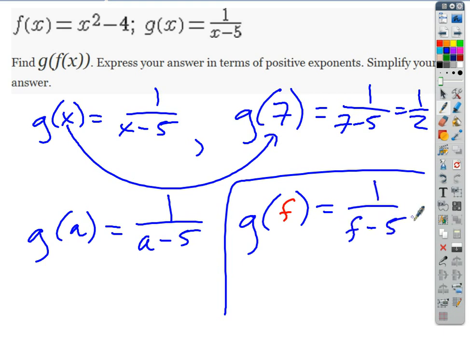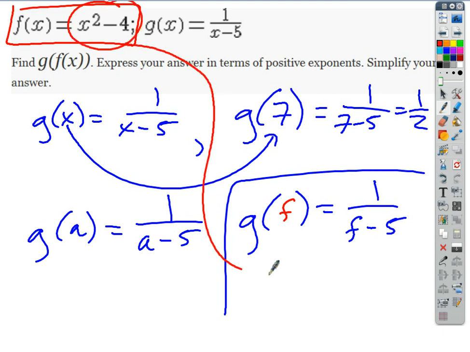And what if f is actually this? What if f of x is actually x squared minus 4? There you go. So the x squared minus 4, this part right here, is going to go right there, right?